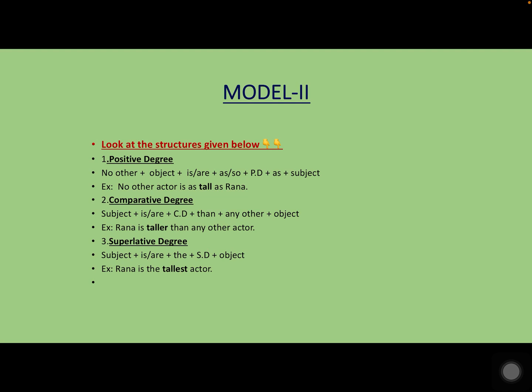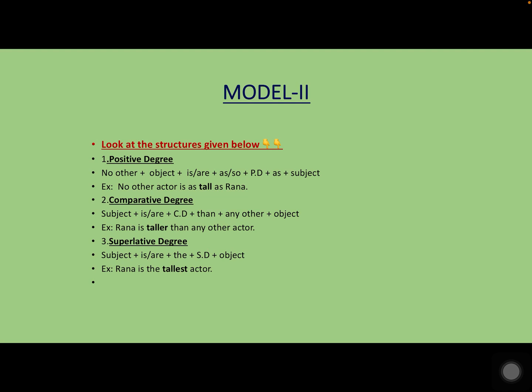And in superlative form, again you have to bring the subject plus verb plus "the" plus superlative degree. Always remember, before superlative degree you have to add "the." So here, Rana is the tallest actor.